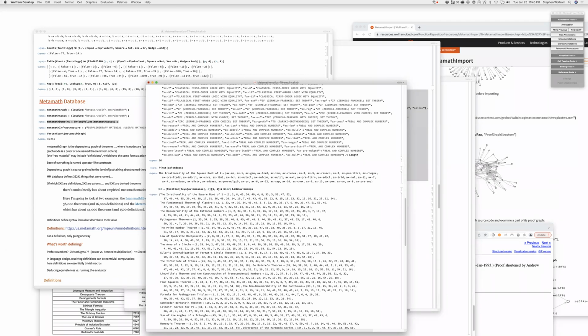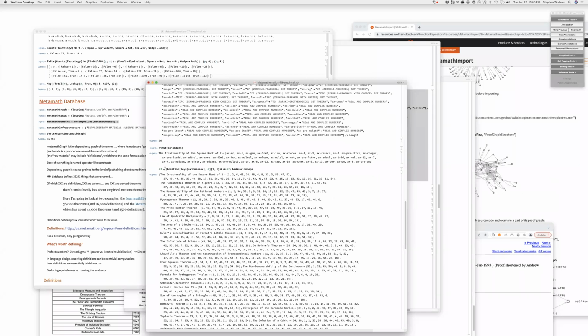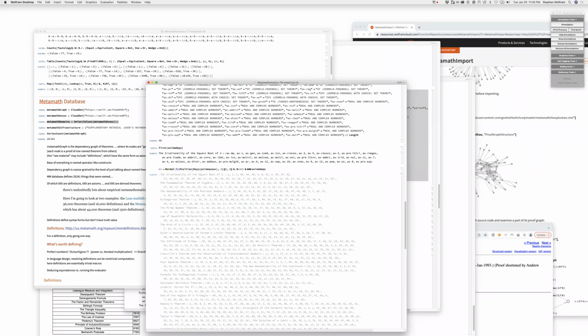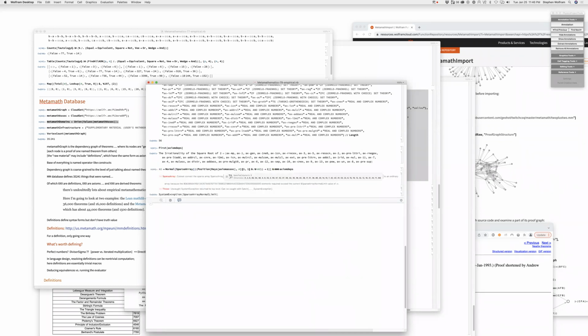Actually, let's do this here: normal sparse array of this thing, arrow 1. Oops. Position of that. What's that?